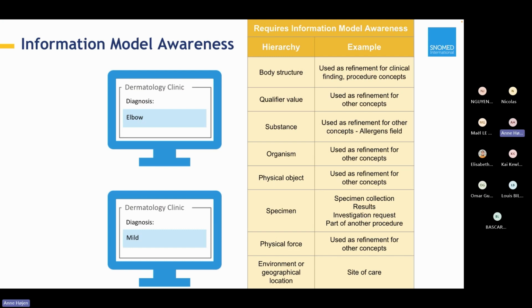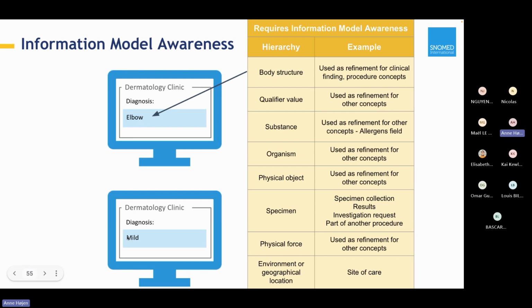Let me show you an example here where we have a user interface for a dermatology clinic. And here we have a diagnosis of elbow. So in that context, you use a body structure, and you can see, well, this concept is completely out of relevance to the diagnosis field, just if you use it in isolation.